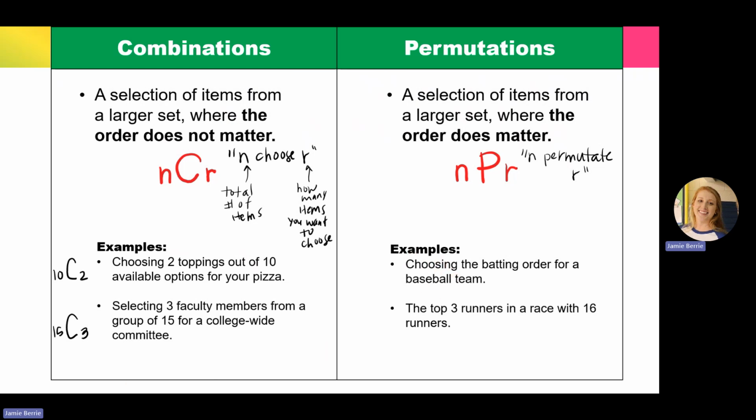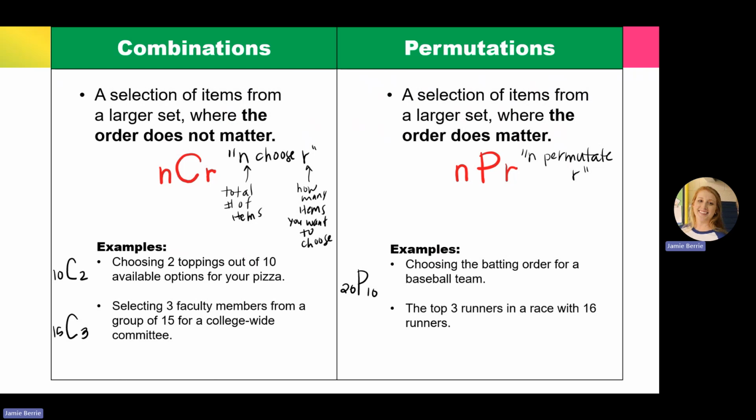So I was thinking, you'll have to forgive me, I don't know the numbers, but let's just say that you have 20 people on a baseball team, and every time they go up to bat, maybe 10 of them are going to bat, right? So the order matters, right? So the order in which you're choosing these players to go up to bat matters, right? So that's why we're doing permutations instead of combinations.